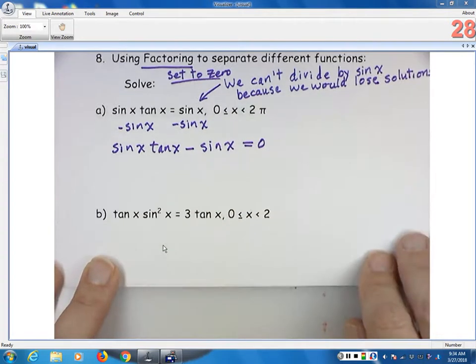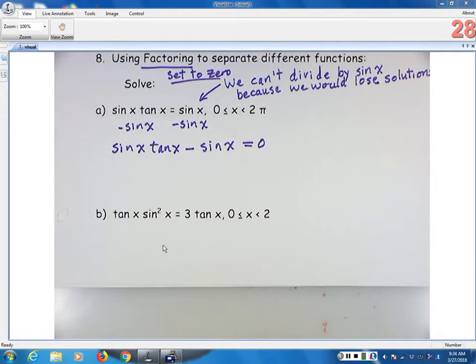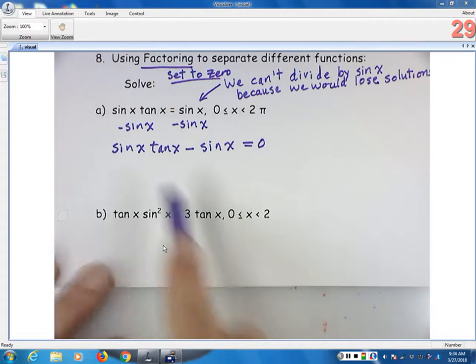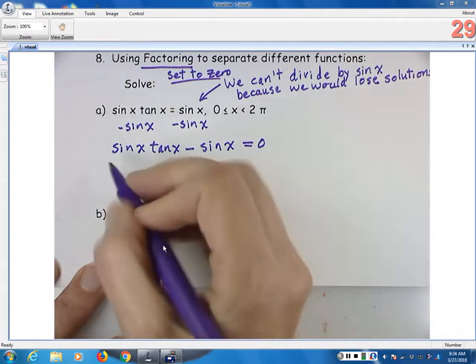So there it is. Sine x and sine x times tangent x are not like terms. If you want to let u equal sine x and v equal tangent x, you can see they're not like terms. So you're going to factor the sine x out.